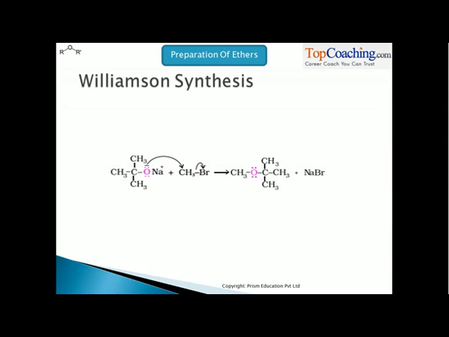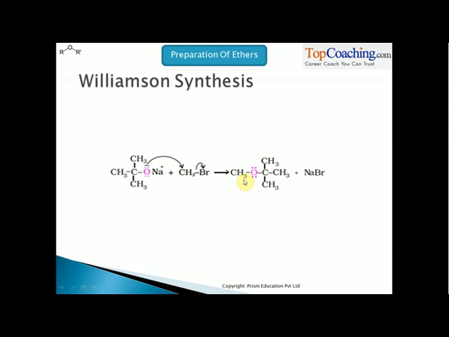So this is an alkoxide ion. Oxygen has 2 lone pairs of electrons. It uses a lone pair of electrons to make a bond with this methyl over here. And what do we get? CH3O and the halide, sodium bromide.